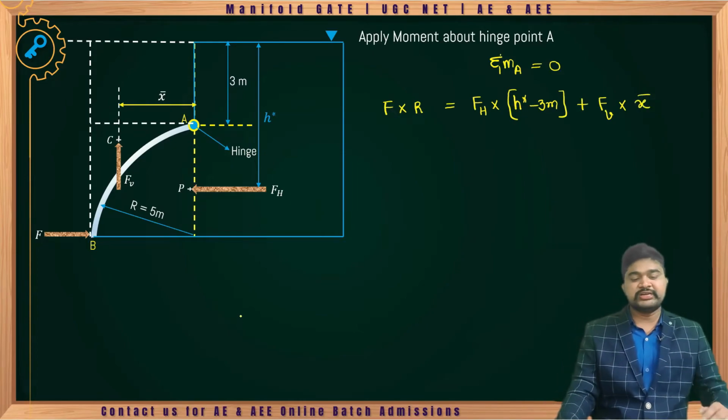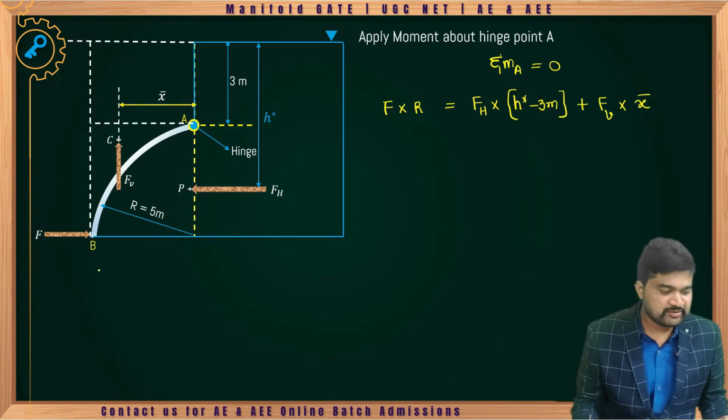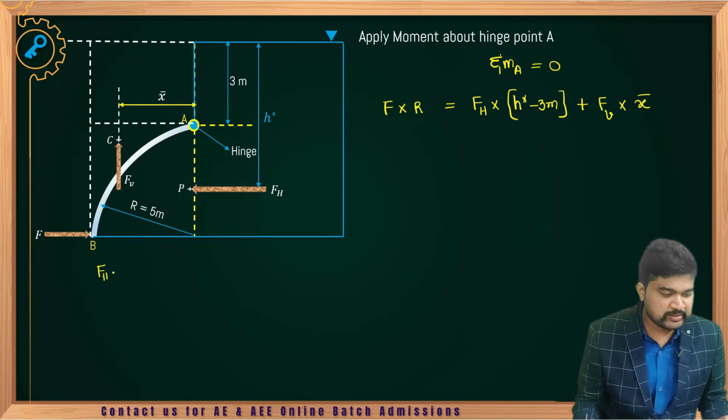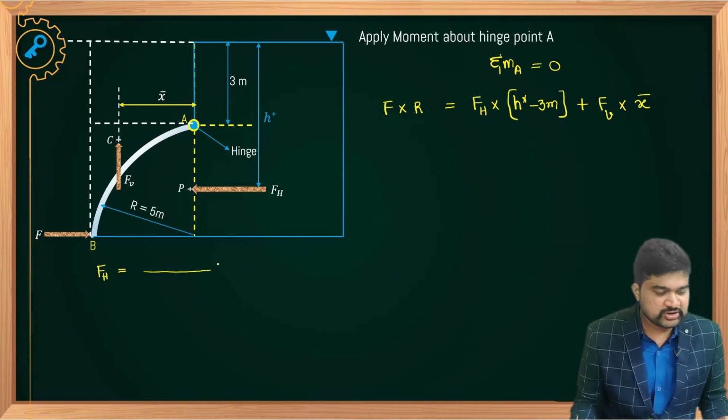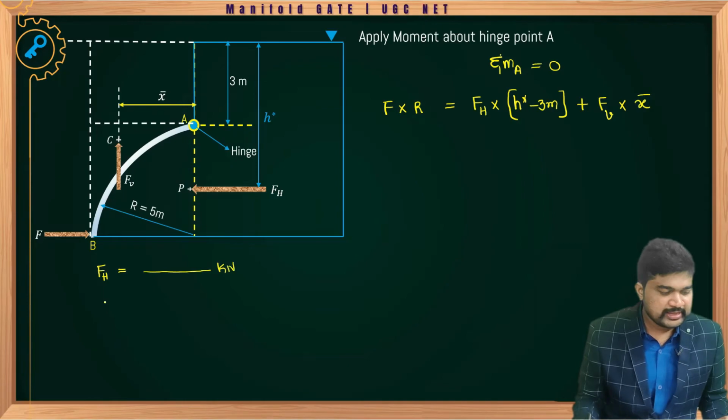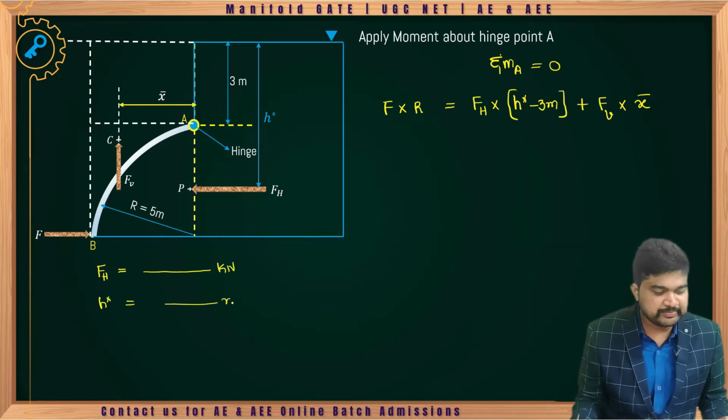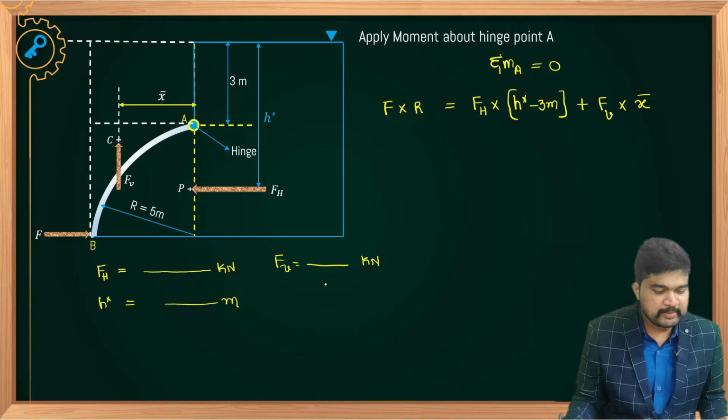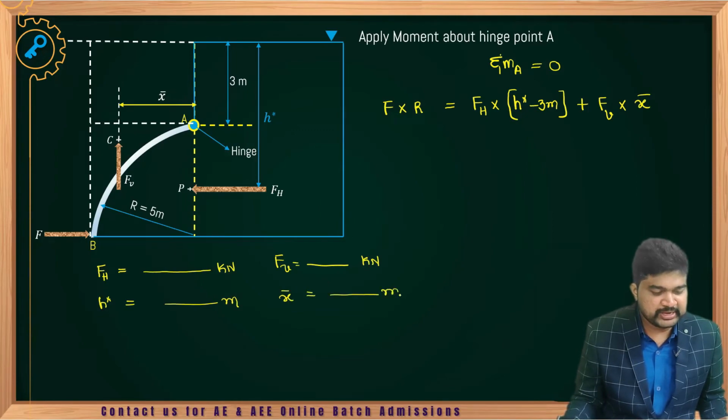Just now we determined FH equals dash kilonewton, H star equals dash meter, FV equals dash kilonewton, x bar equals dash meter.